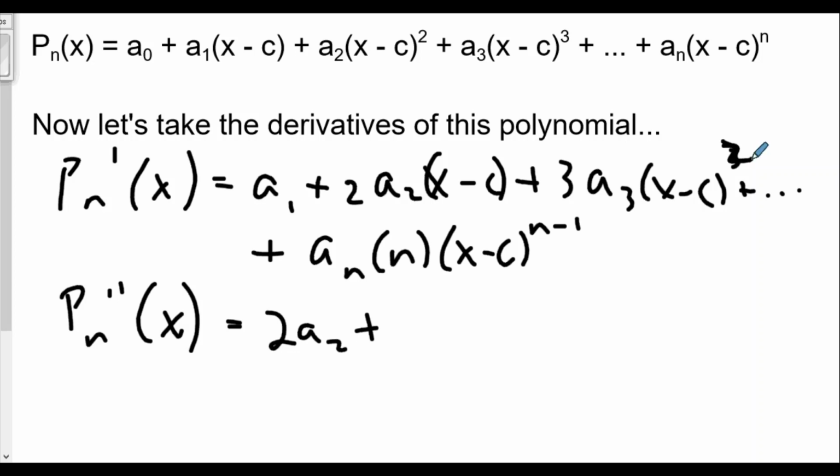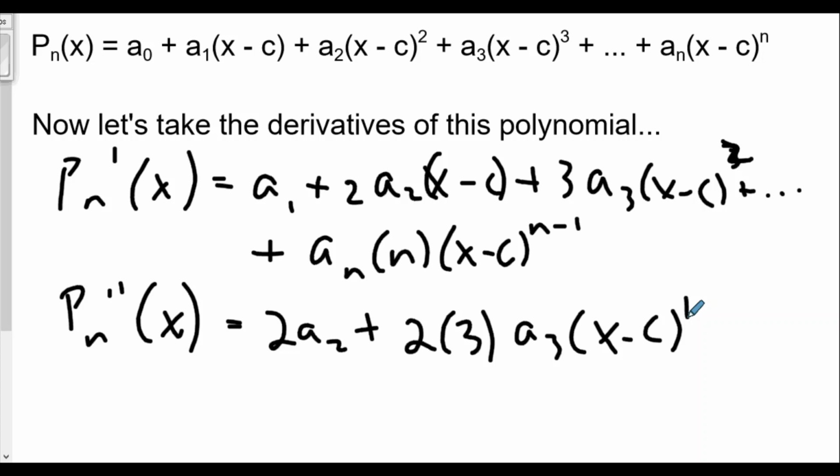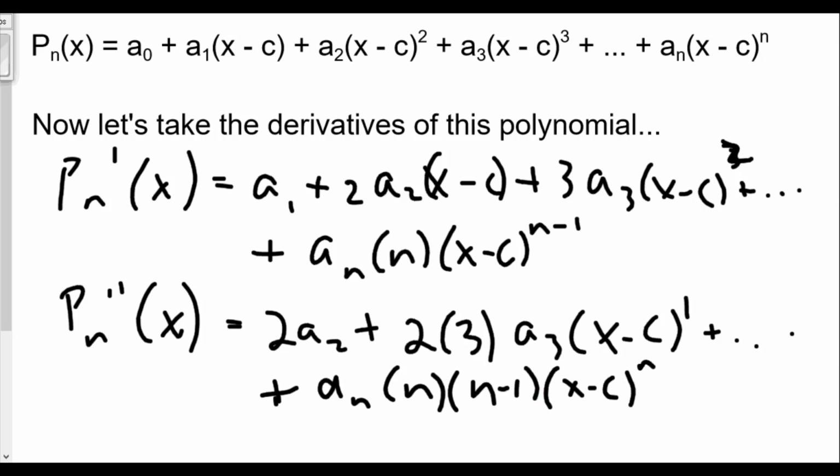It should be a squared here, okay? And so then we have 2 times 3a_3(x - c) to the first power, plus, and continuing onwards, a_n times n times (n - 1) times (x - c) to the n minus 2. And maybe we start seeing a pattern.